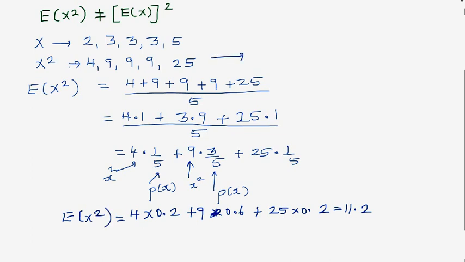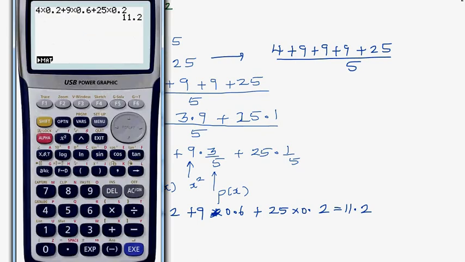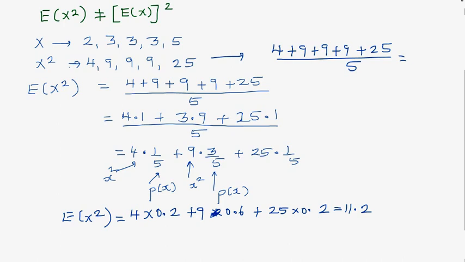Basically it is the mean of this, which is the same as 4 plus 9 plus 9 plus 9 plus 25 over 5. So let's put in the bracket 4 plus 9 plus 9 plus 9 plus 25 divided by 5, which gives us the same answer, 11.2.